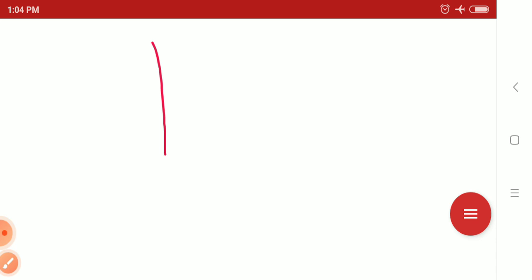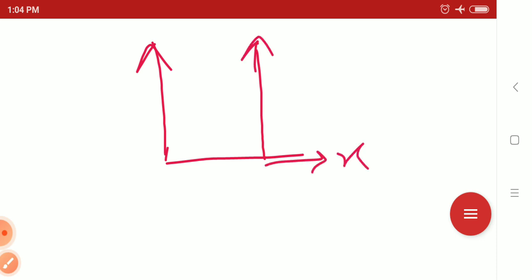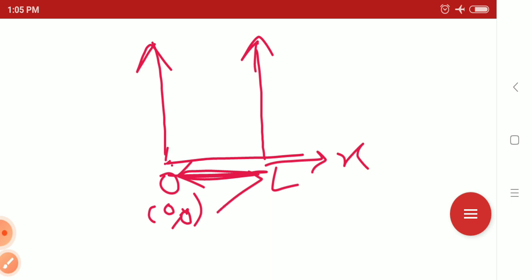Whenever you draw a square well potential within 0 to L length, here it is the x-axis, and here it is 0 to L. The origin is here at 0, 0. Here the potential is infinite, the potential of the wall is infinite.